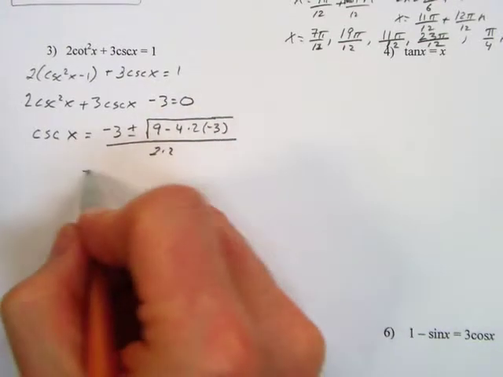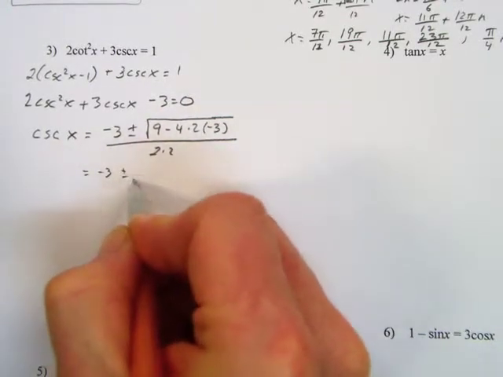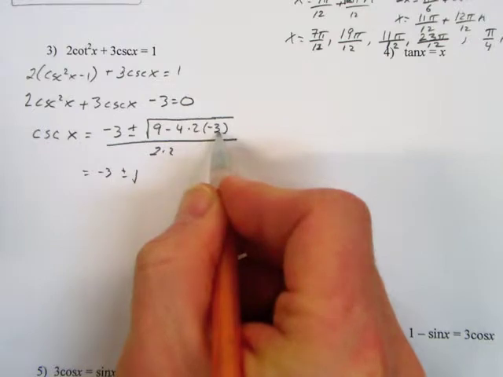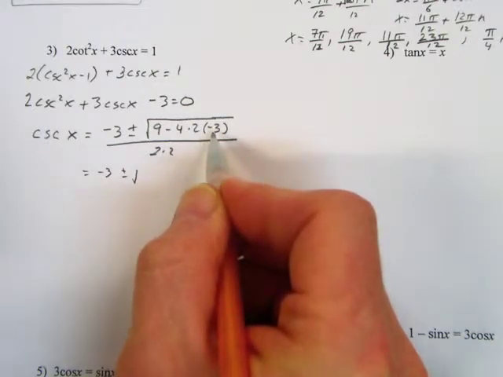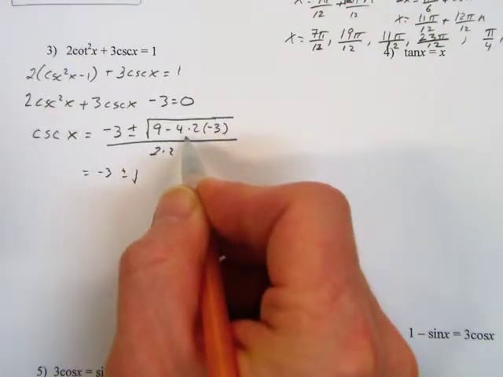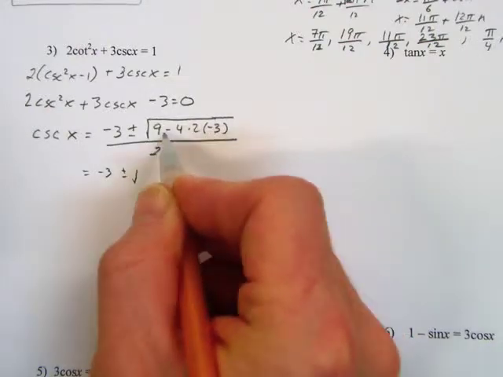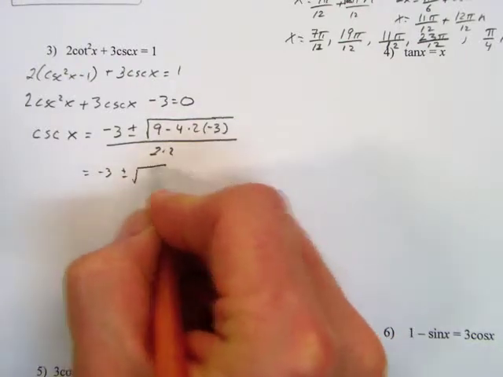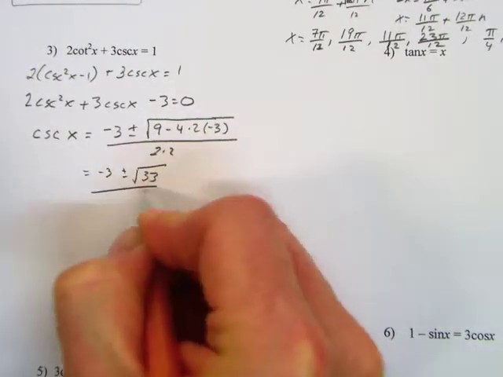Simplify that, and we get negative 3 plus or minus, let's see, this would be 6 times 3 would be 24, or 8 times 3 is 24, and then 33 over 4.